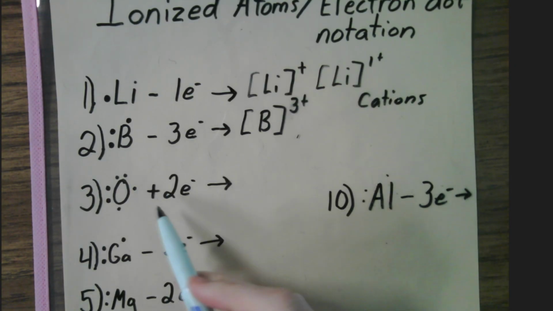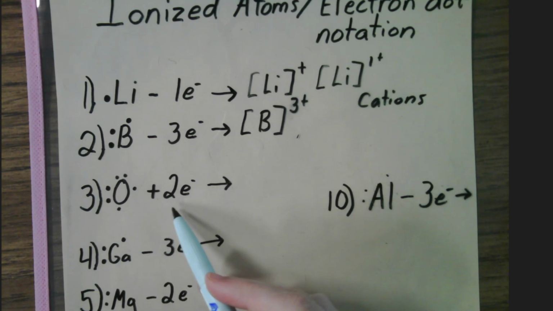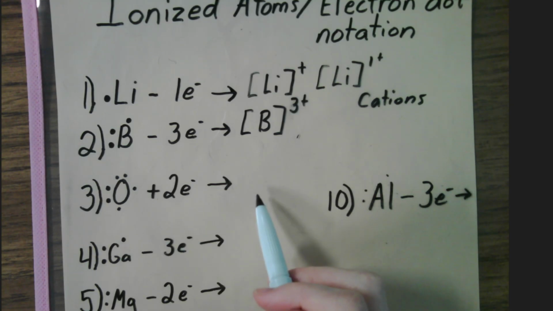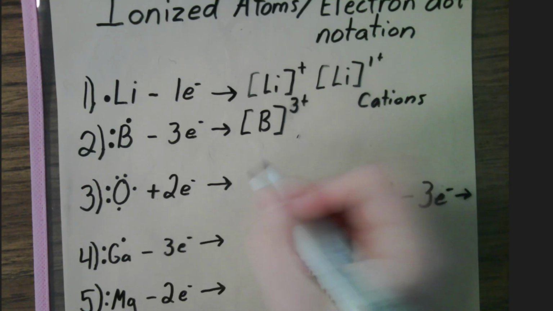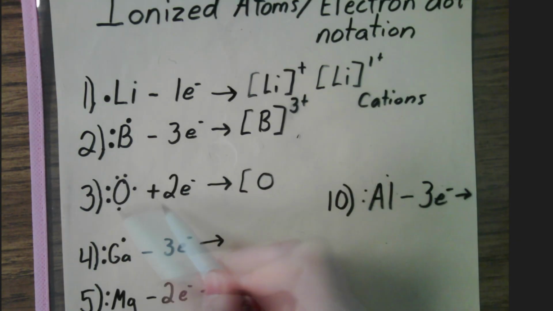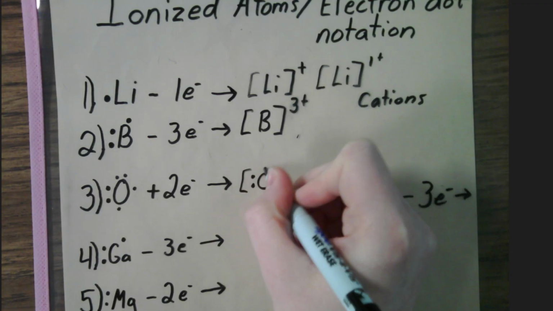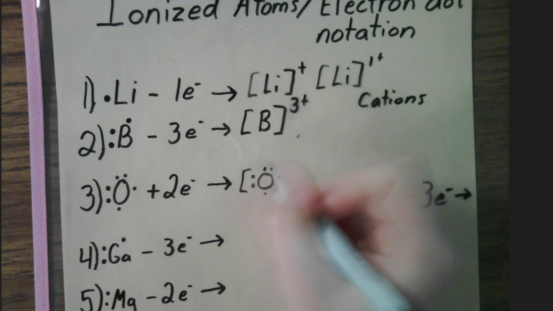Now let's look at this one. Oxygen. It currently has 6 valence electrons. But if we add 2 more negatively charged electrons, it's going to become a more negative ion. So we have oxygen. If we add 2 electrons, we're going to keep our dots from our last one, but we add 2.